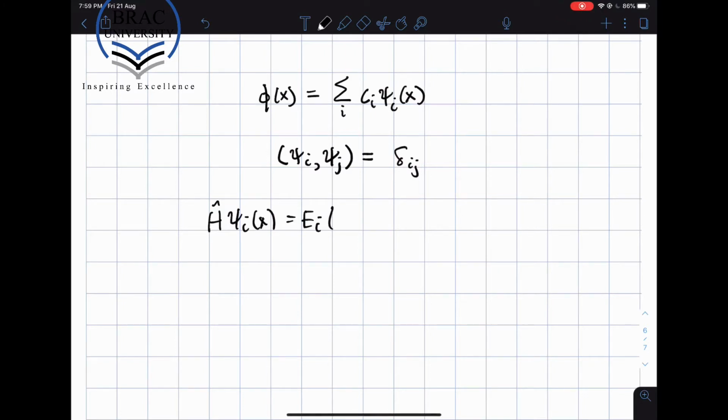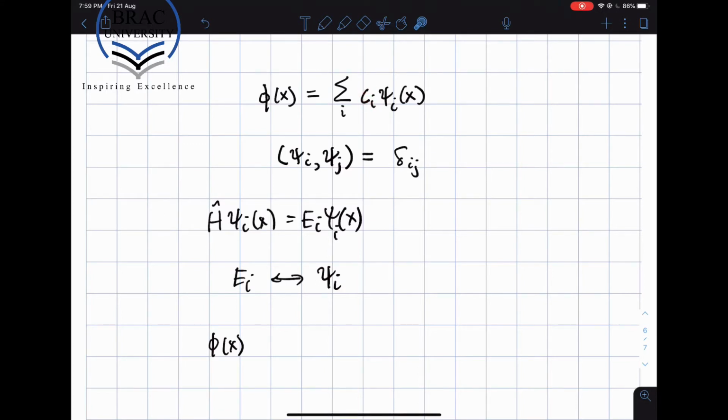So what we have found is all the Ei's and the corresponding psi i's, degenerate or not. And then we've been given a particular state, phi of x, and we have to find out how to express phi of x in terms of this set psi i. In other words, how to find Ci.